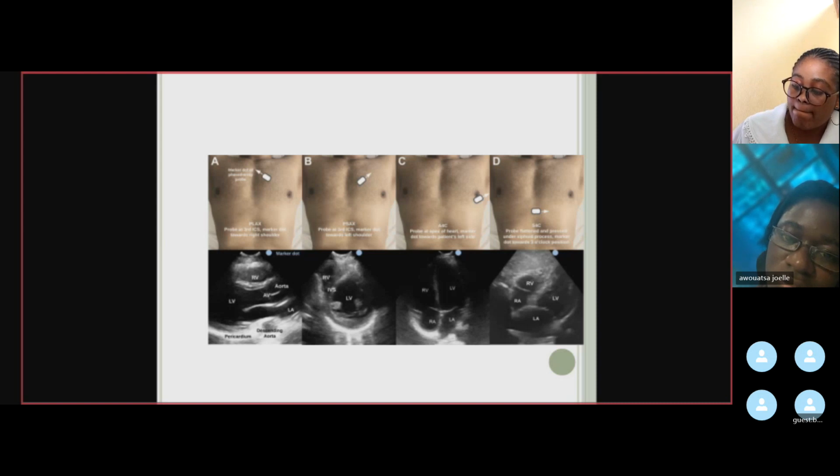This picture shows all the four views in one picture. The short forms are PLAX, PSAX, then apical four chamber and subxiphoid.